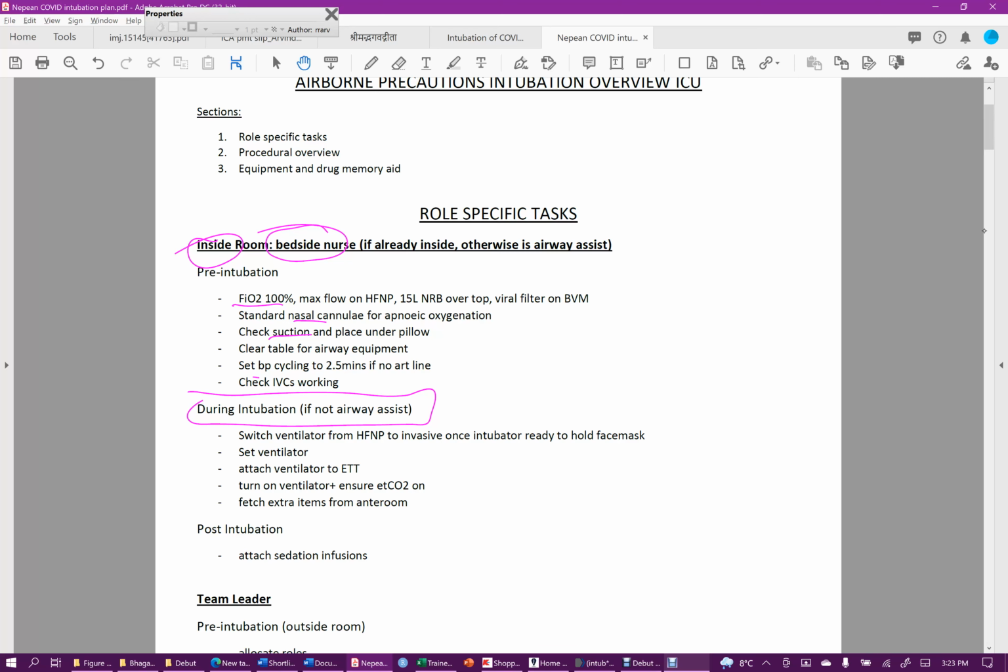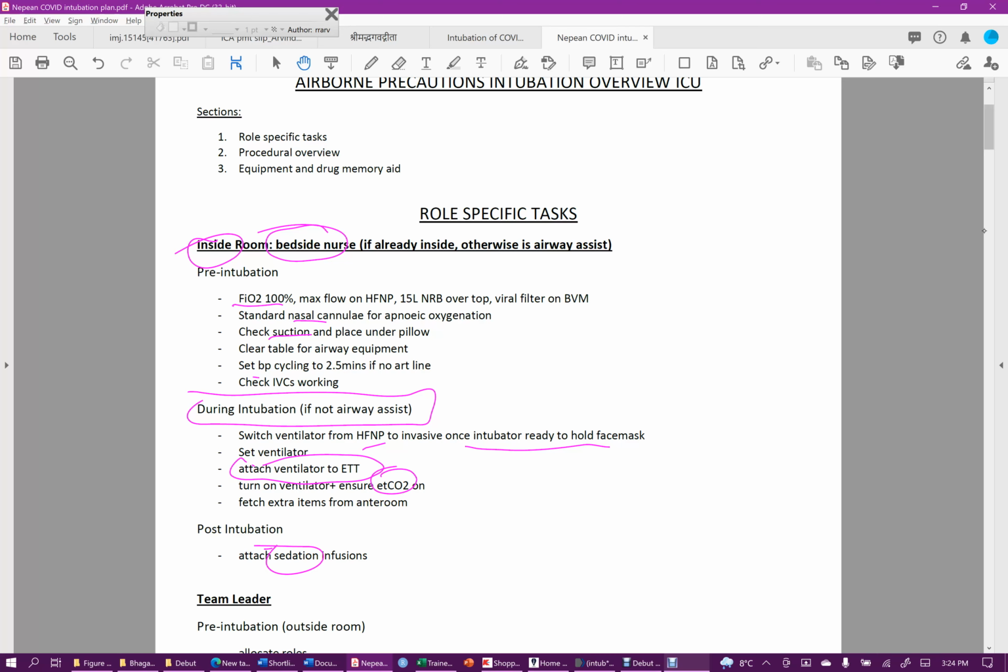Switch the ventilator from high flow, and once the intubator is ready to hold the face mask, you manipulate the ventilator settings, etc. Post intubation, you attach the ventilator, EtCO2, and after that sedation and so on. That's the role of the bedside nurse.